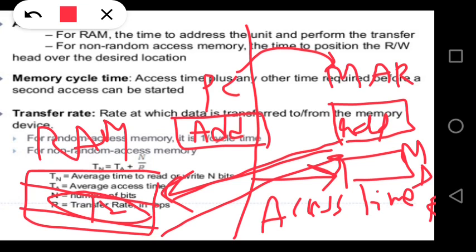For RAM, it is the time to address the unit and perform the transfer. The transfer should be performed; the read operation should be successful. When you say the read operation is successful, once the data is loaded into MDR, the read operation is finished.